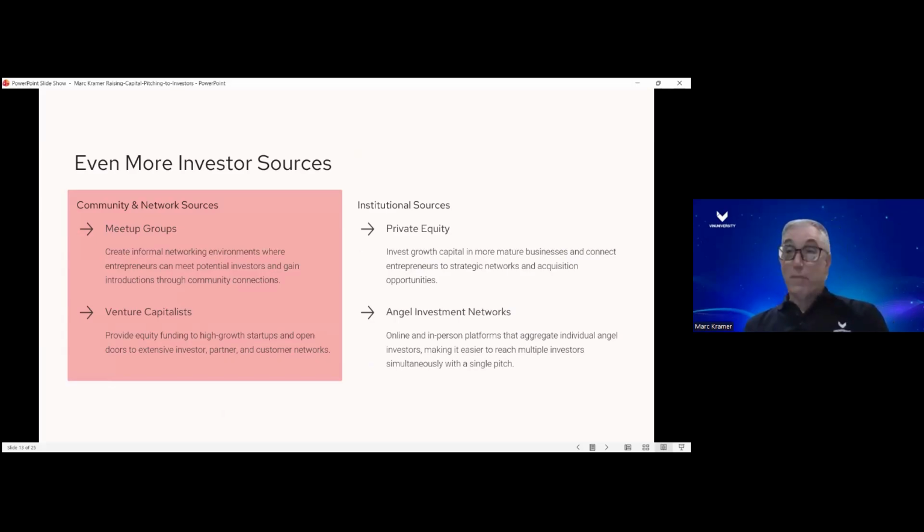Others are meetup groups that you can join to let them know that you're interested. Go to the venture capital conferences, go to angel groups, talk to the private equity. If you go to private equity conferences, angel investment networks, all of them can open doors or make introductions for you.